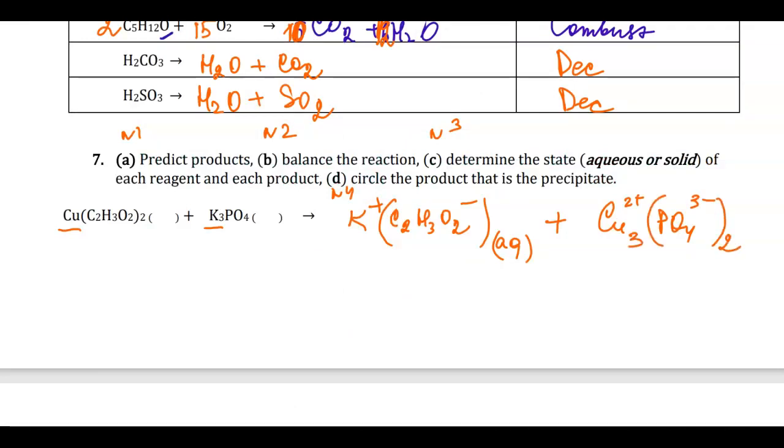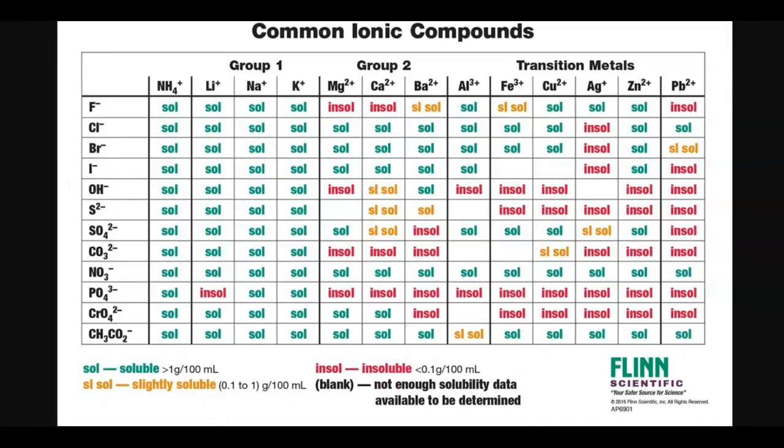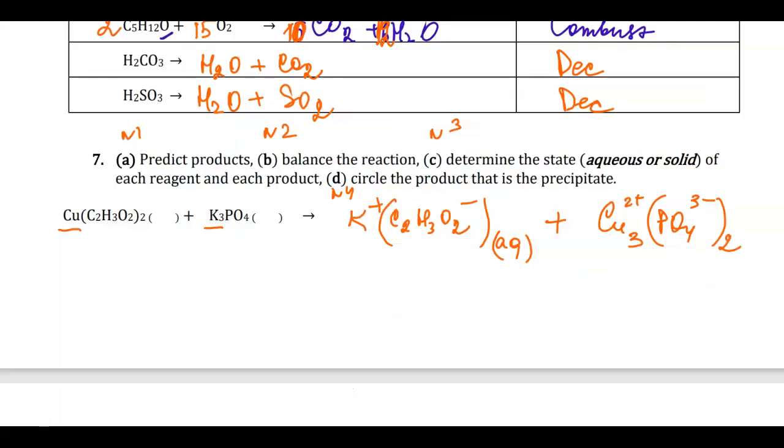So it's neutral now, but look at the solubility. It's insoluble. So many compounds with PO4, right, are insoluble. So insoluble gives us a precipitate, and I will use the symbol s here, right?